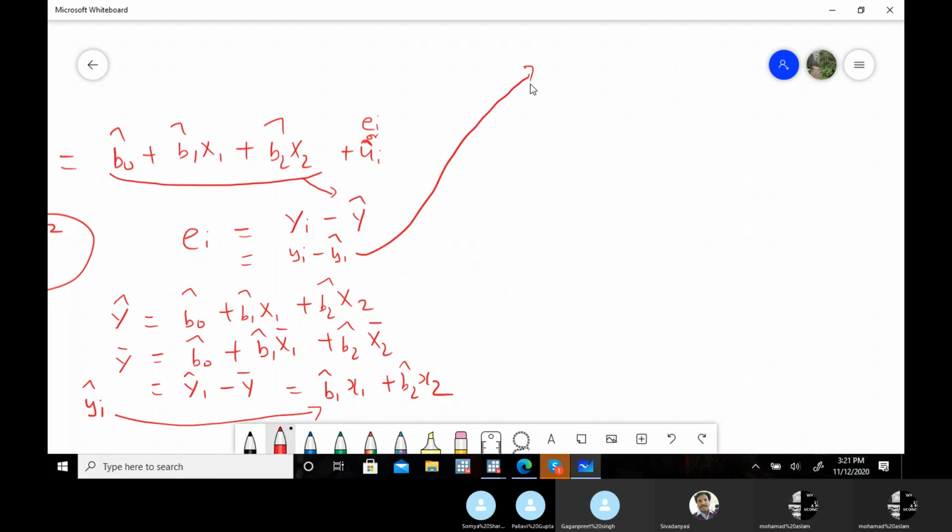So from here, we have summation ui, which we have to minimize, which is summation yi minus y hat. I'm giving this formula so that you can calculate all these coefficients manually. For that you need the formula. I'm just trying to give you an explanation of that particular formula. This thing we have to minimize now, same as bivariate, now just put values here.